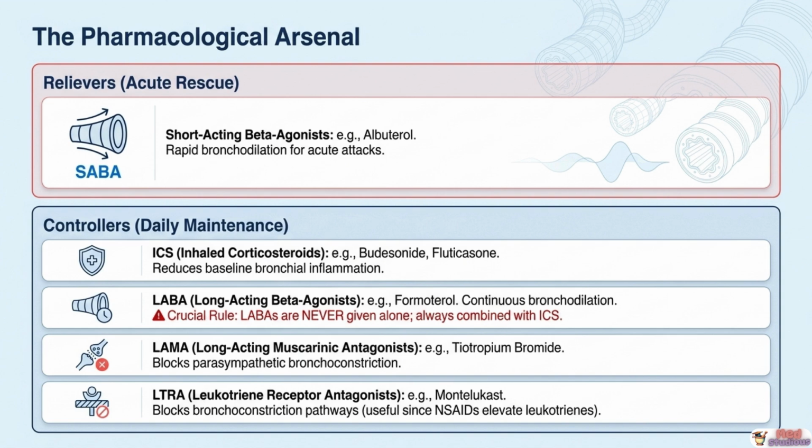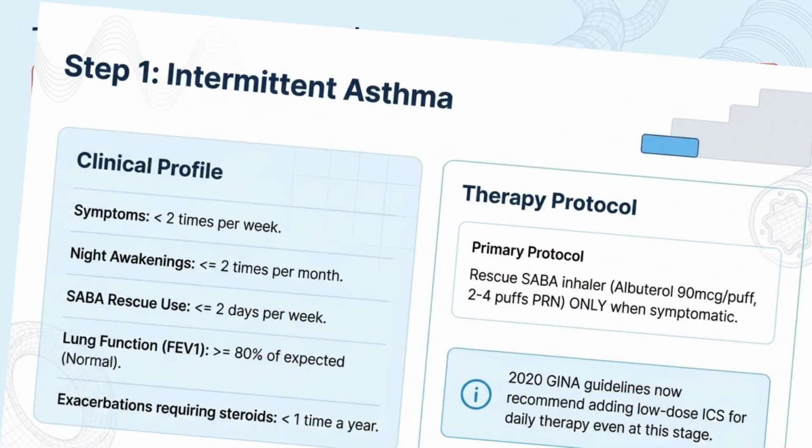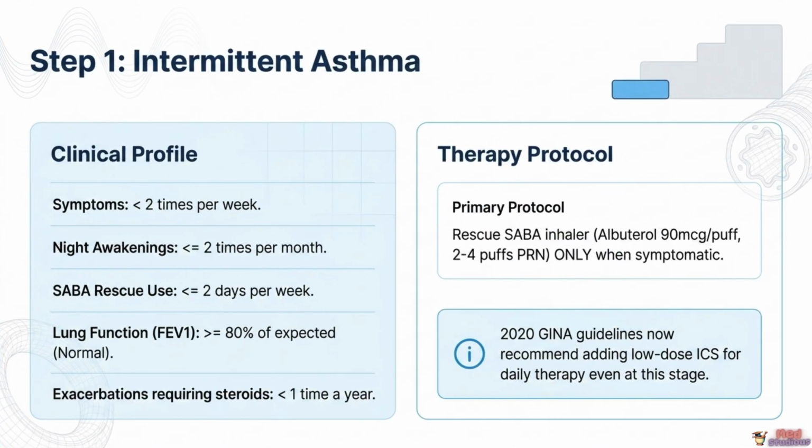They are always combined with ICS. Long-acting muscarinic antagonists, or LAMAs, like tiotropium, block parasympathetic bronchoconstriction. And finally, leukotriene receptor antagonists, or LTRAs, like montelukast, block the leukotriene pathway, making them particularly useful in aspirin-sensitive and NSAID-triggered asthma.